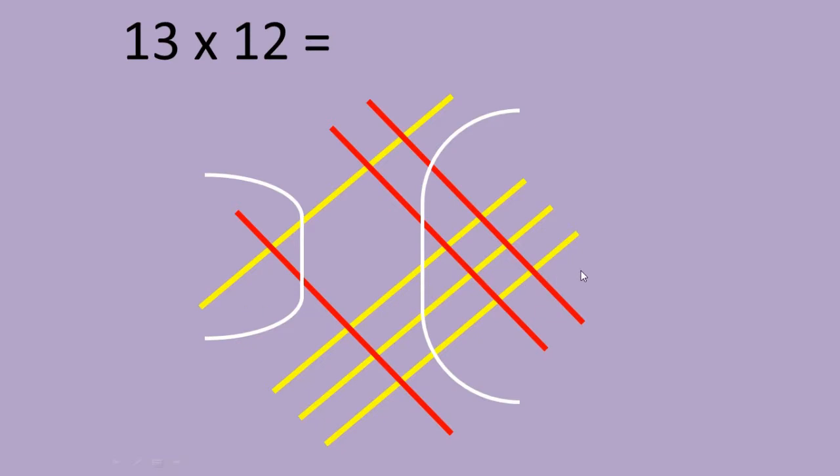Now we're going to count all the intersecting lines by part. For the first part, we have 1, 2, 3, 4, 5, 6.